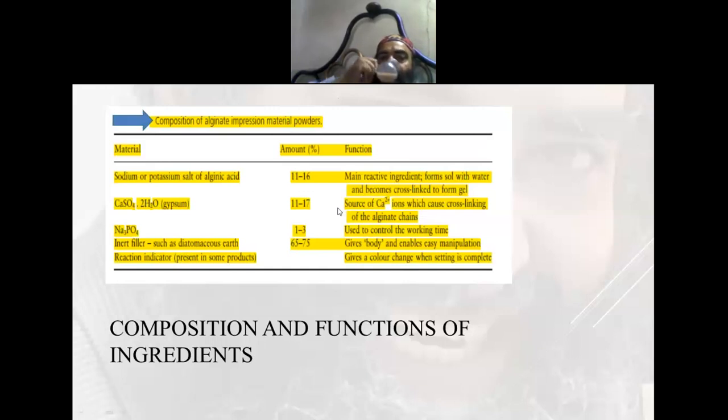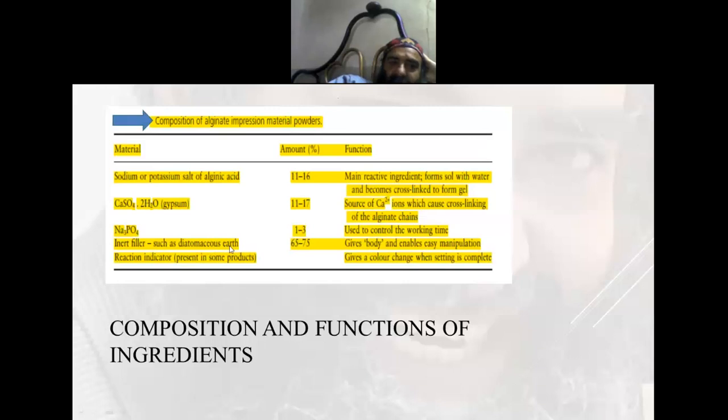Then comes sodium triphosphate, 1 to 3%, and it is used to control the working time. Then inert filler such as diatomaceous earth. What are diatoms? Go and search Google for diatoms.